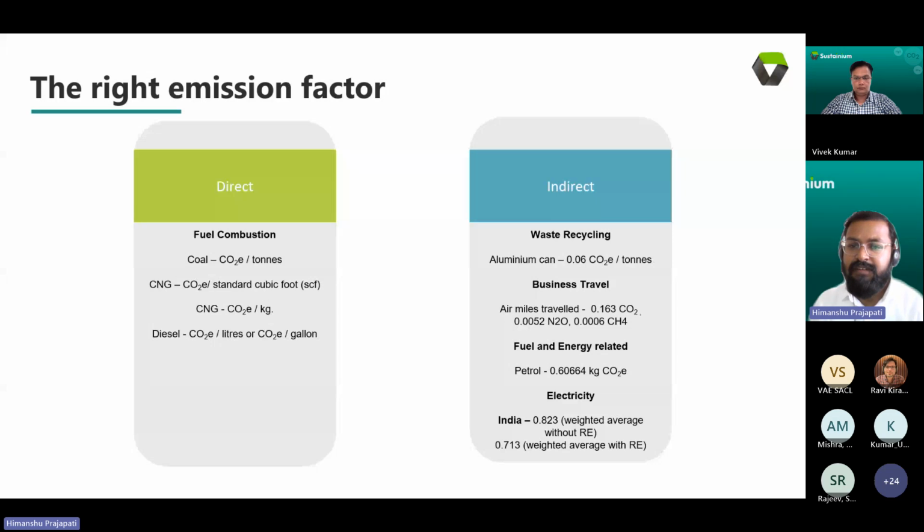Similarly, you've got business travel where the air mile traveled. Here you can see one of the examples which I was talking about. You have all three values, which is CO2, N2O, and CH4, and this is in kg of CO2, which needs to be converted to CO2 equivalent and then reported.